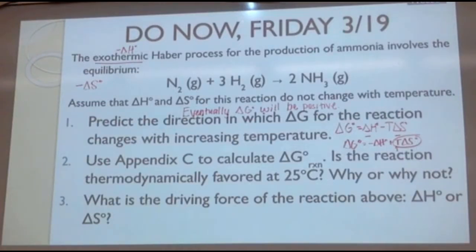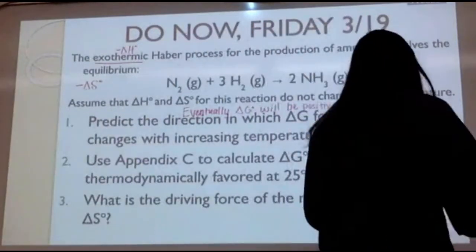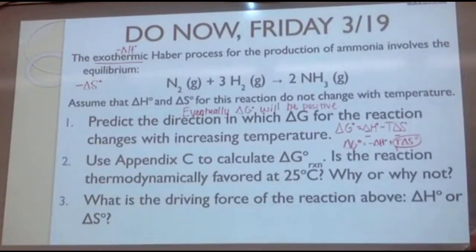And then number 2 says, use Appendix C to calculate delta G of the reaction. And then it's asking about thermodynamic favorability. So if we are looking at delta G, Appendix C is the coral colored stapled papers.